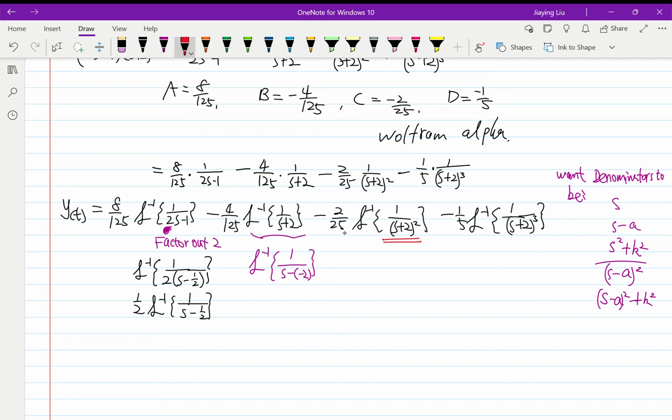So note that this becomes inverse Laplace of 1 over s squared. But this s here actually comes from s plus 2. It's not just the s, it actually comes from s plus 2 being replaced with s.